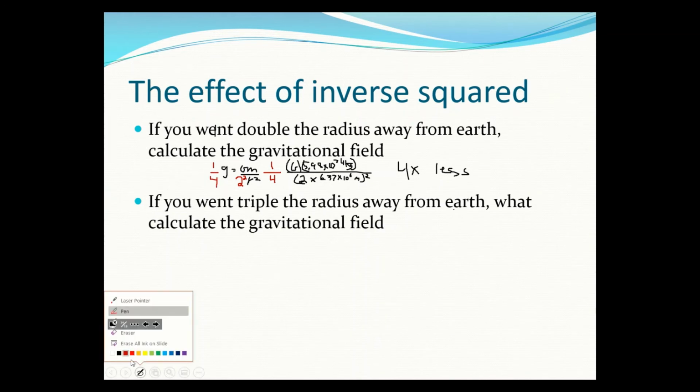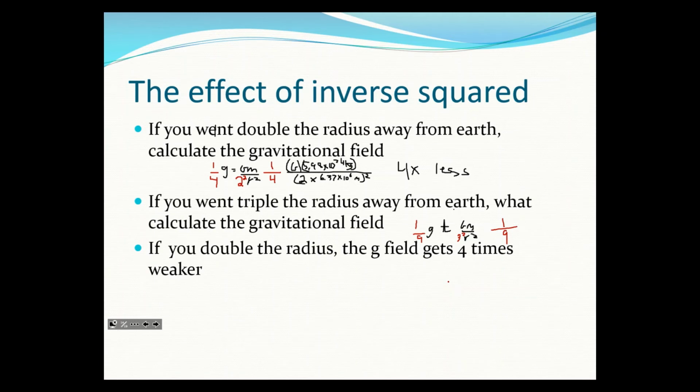And if we tripled it without doing any calculations, g equals GM all over r squared, if I end up tripling this squared, I'm not making changes up top, but 3 squared is 9. It would end up being 1/9 as big, right?